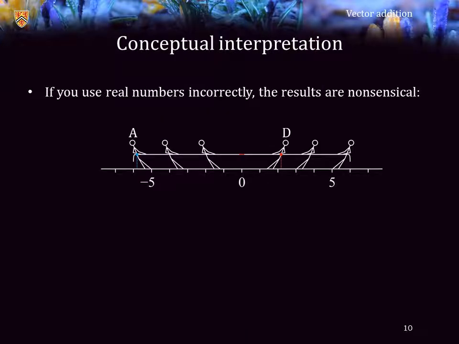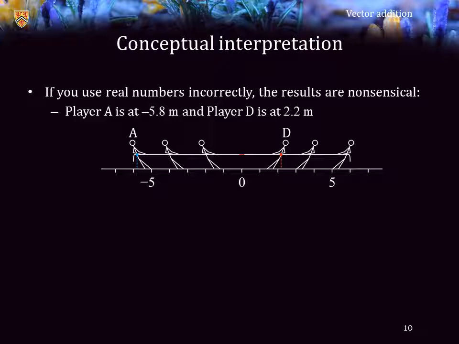Now, let's consider some conceptual interpretations. We use real numbers at all times in the real world. However, in some cases, if we use real numbers incorrectly, the results are nonsensical. Suppose we have these players here playing tug-of-war. We have players A and D. Player A is at negative 5.9 meters and player D is at 2.2.